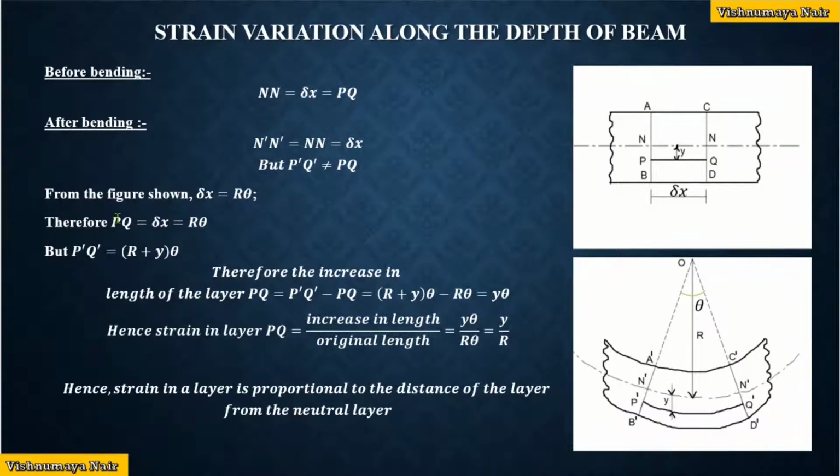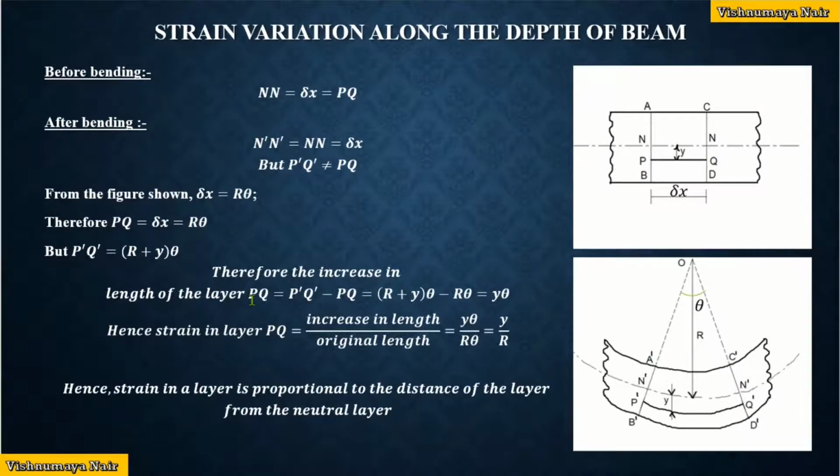So we can write PQ is equal to delta X equal to R theta, since PQ equal to delta X. Now we have to find out the length of P prime Q prime. So the length of this arc P prime Q prime will be equal to R plus y into theta, as it is located at a distance of y meters below the neutral layer. So P prime Q prime is equal to R plus y into theta.